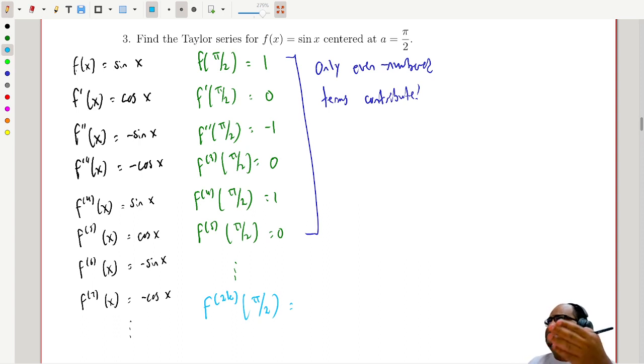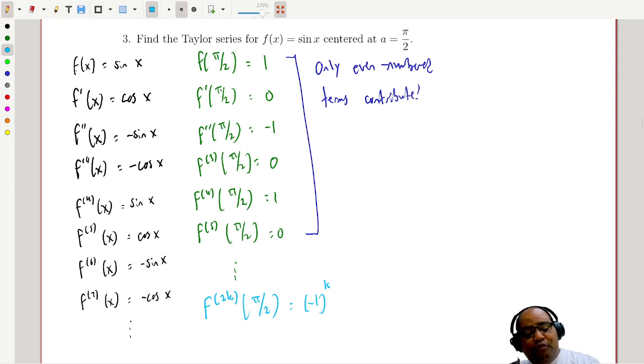So when k is equal to 0, the 0th derivative is just a function value, so we get a 1. When k is equal to 1, the second derivative is a minus. So odd numbered k's will get the alternating bit, minus 1 to the k. And finally, what do I get here? Well, there's really nothing else to say, right? Because I'm just multiplying by 1. So the 2kth derivative at pi over 2 depends on the value of k, and we just cycle plus minus plus minus.